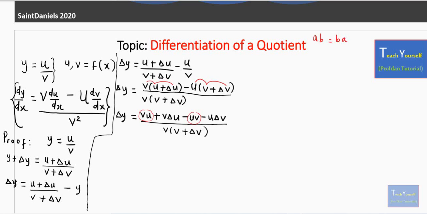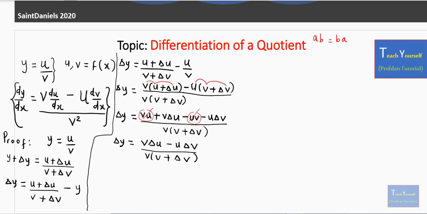Okay, so this is plus, this is minus, so that means this can cancel out, and we will be left with change in y equal to v change in u minus u change in v, all divided by v into v plus change in v.